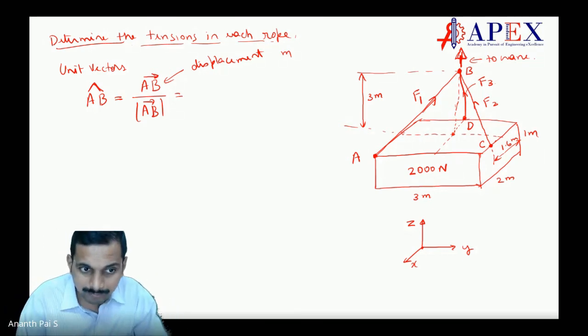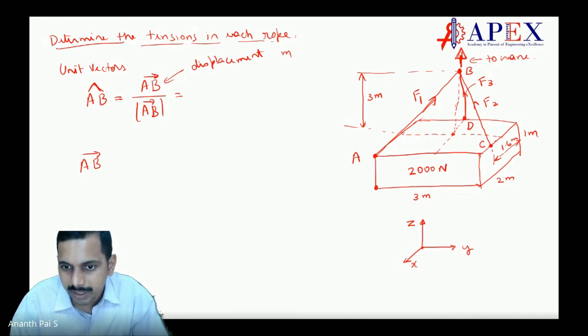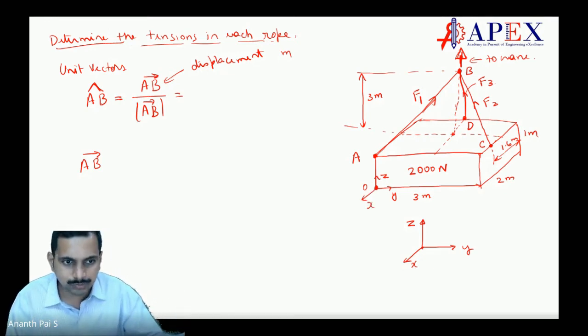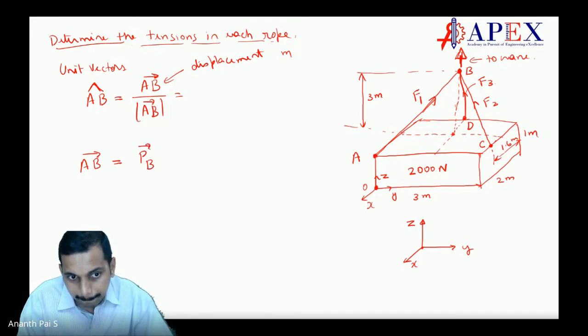If I want to find AB with respect to a coordinate system, let us say this is point O, the origin, with X, Y, and Z axes. Let us fix this coordinate system. We could have fixed anything else also. Now, position vector of B minus position vector of A will give you AB.